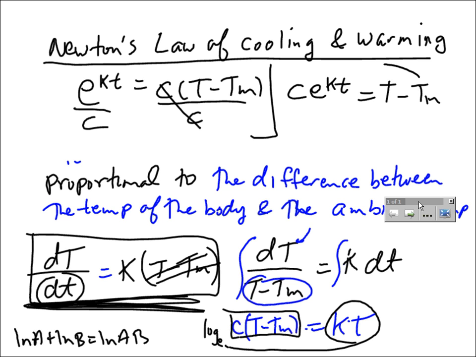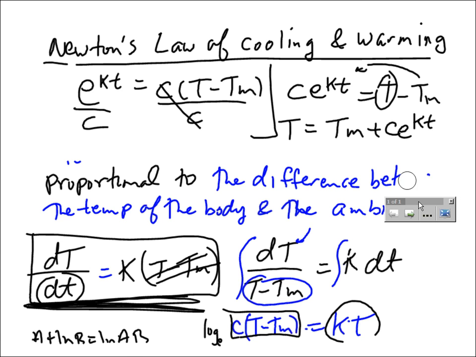Now all I'm going to do is add Tm to both sides. So the right side will just be T, and the left side will be Tm plus C e to the kt. Now that's the formula, and let me get rid of most of this.